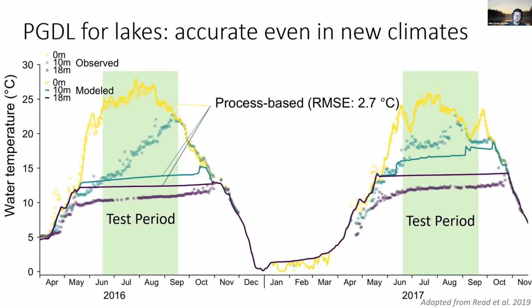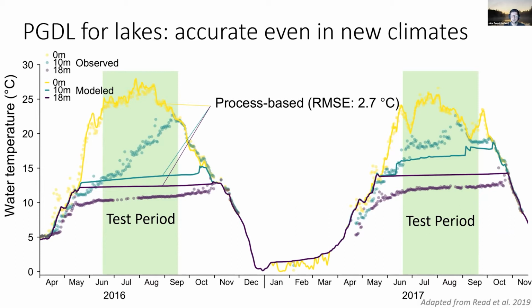So we have the observations. The observations closest to the surface of the lake are in yellow. About the middle of the lake is in green. The bottom of the lake is in purple. And then we show the performance during the test period for these 3 different models. The process-based model is first.